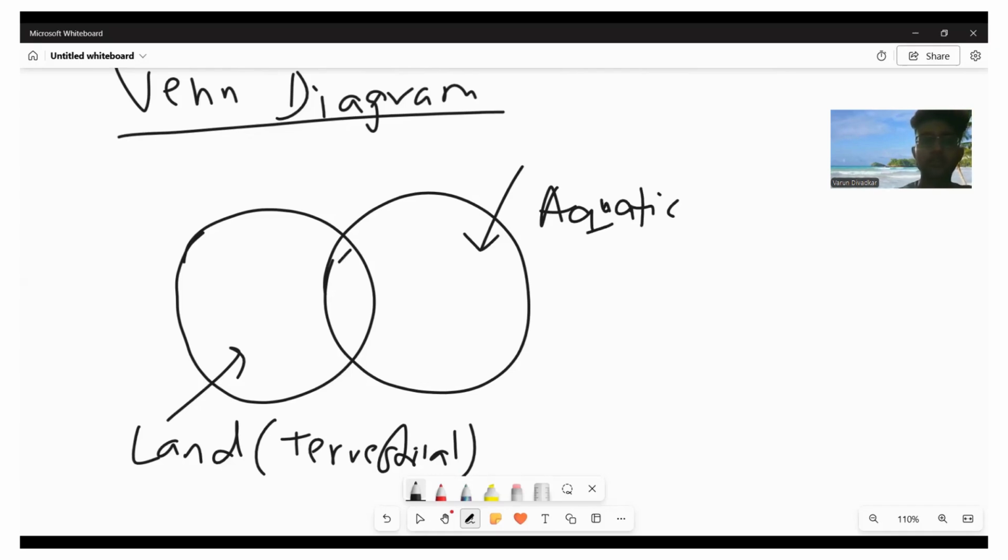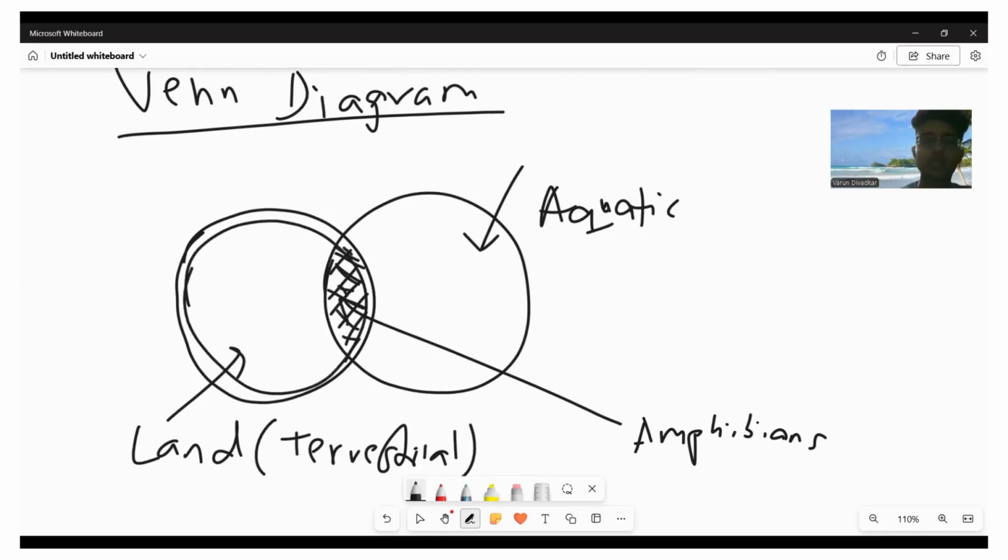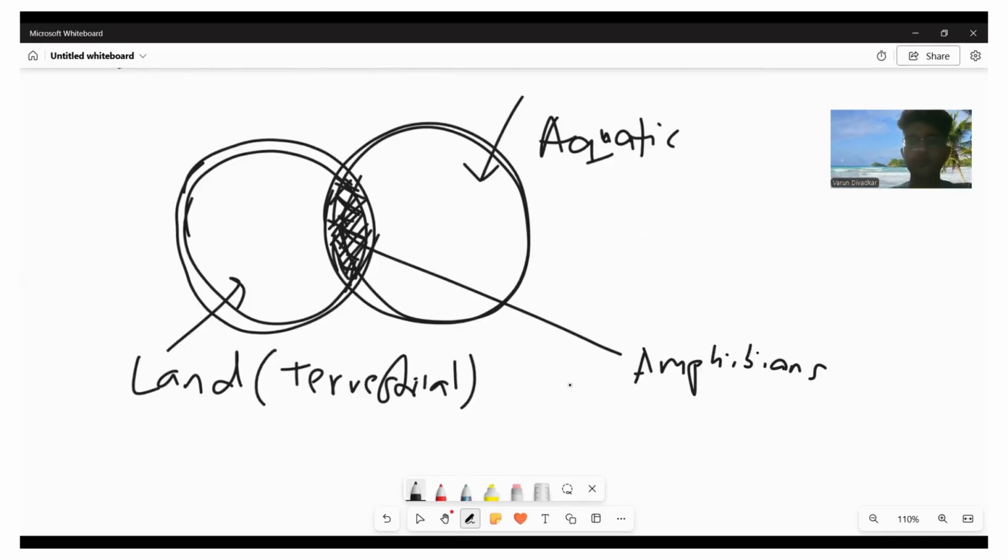So the shaded region is the common region that represents those animals that live in water as well as on land. So the amphibians are represented by this region, right? The shaded region, because this region contains those animals that belong to this circle as well as this circle. So that's a common region, right? That's about Venn diagrams.